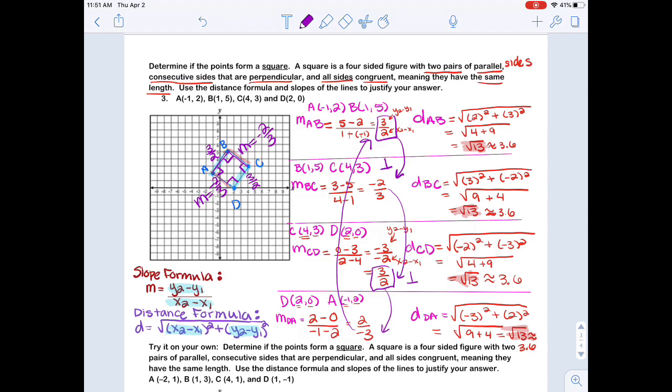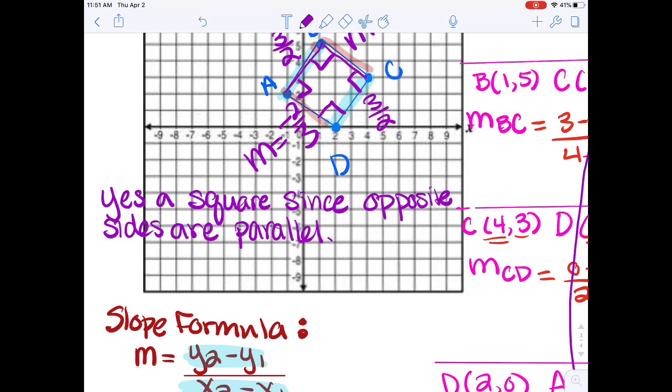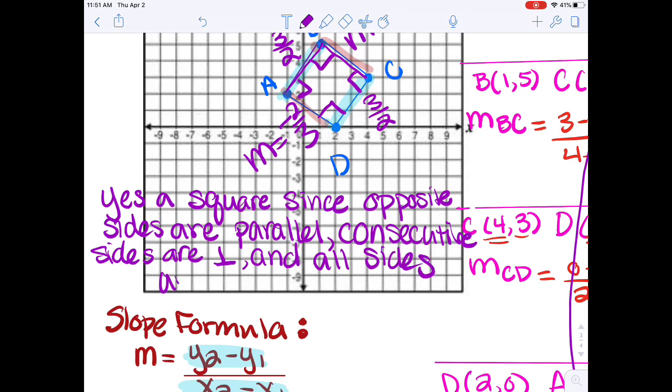So we could say, yes, this is a square, since opposite sides are parallel, consecutive sides are perpendicular, I'm just going to use the symbol for perpendicular, that upside down T, and all sides are congruent, meaning they have the same length.